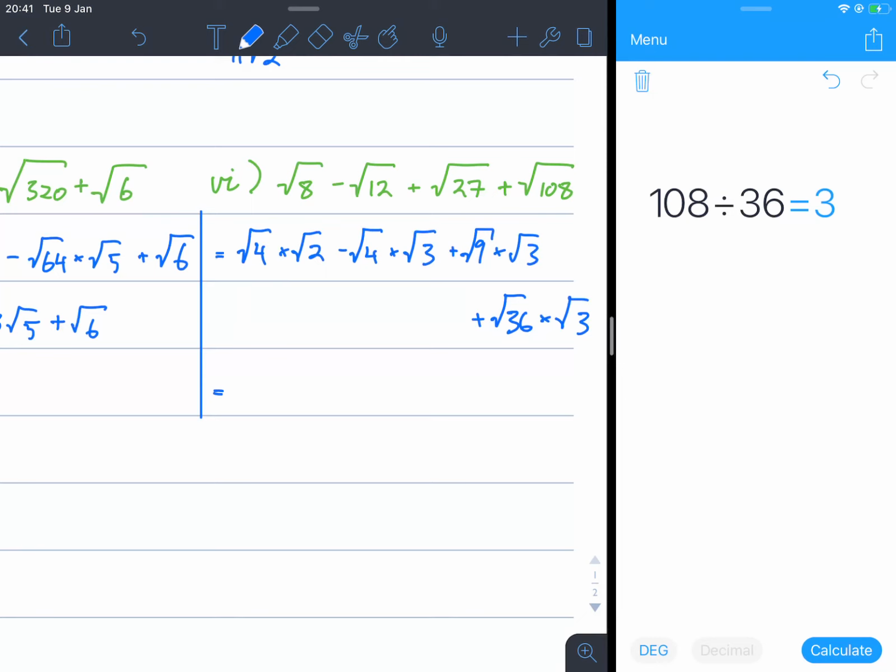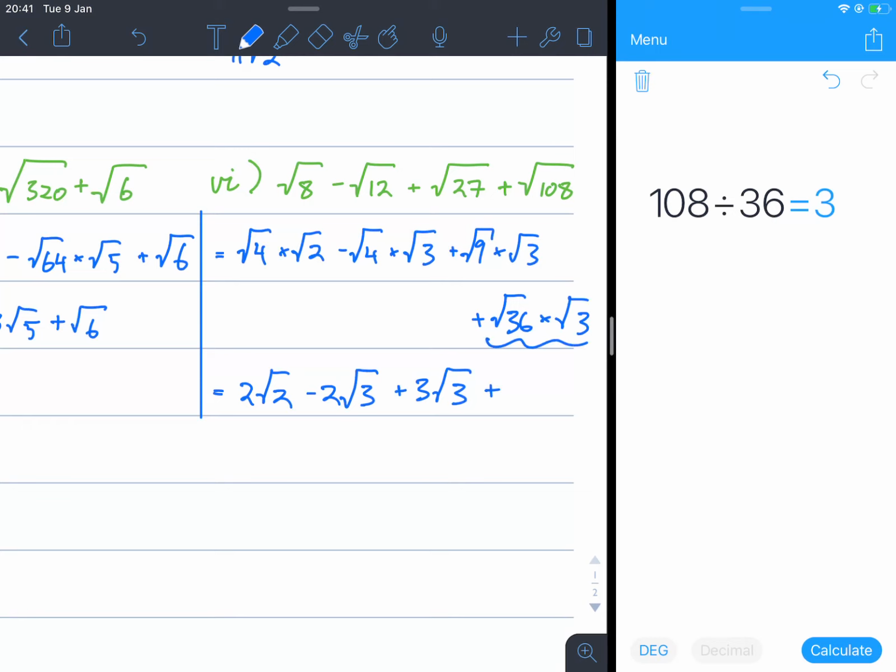This first term becomes 2 root 2. This next term here, square root 4 is 2, so minus 2 root 3. Square root of 9 root 3 becomes positive 3 root 3.